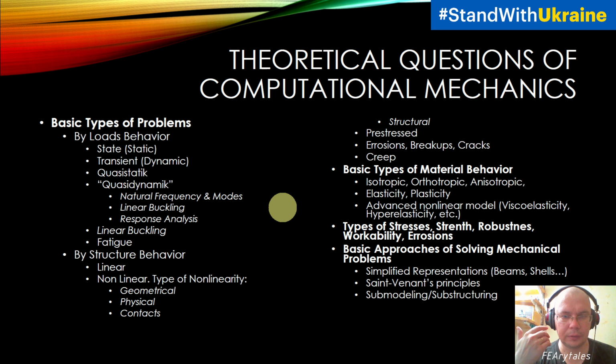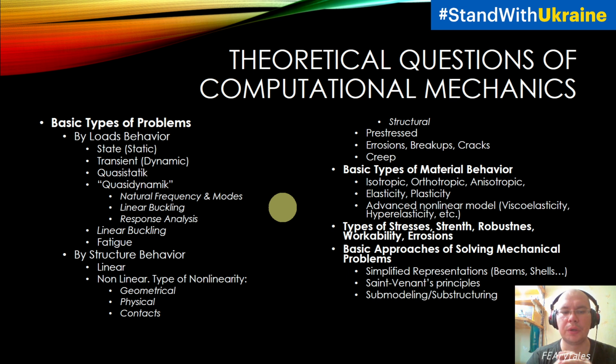The main difference is linear and nonlinear. All questions about nonlinearities we will discuss later. During this video we will shortly review that there are three main types of nonlinearities: geometrical, physical, and contact. We will talk about what these types of nonlinearities are, why they are important, and how we work with them.